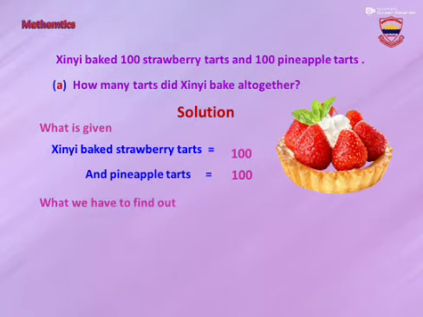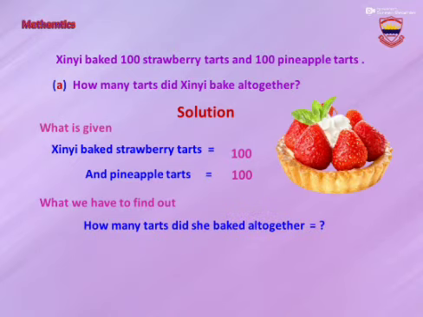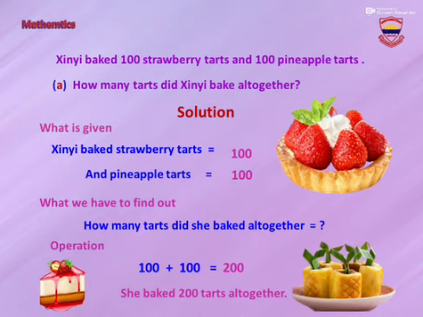We have to find out how many tarts Zini baked altogether. The next step is which operation we do. Now we have to find the total quantity of tarts Zini baked, so we do addition. 100 plus 100 is equal to 200. We can say she baked 200 tarts altogether.